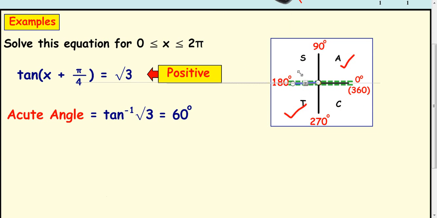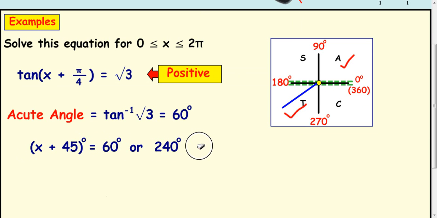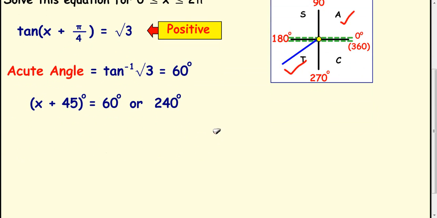So first quadrant solution will be 60 degrees, and third quadrant will be 180 plus 60, which is 240 degrees. At this point though, we've got x plus 45 degrees equals that. So x plus 45 degrees equals 60 or 240. So because x plus 45 is equal to 60, I have to subtract 45 from 60 and subtract 45 from 240 to get my values for x, 15 or 195.